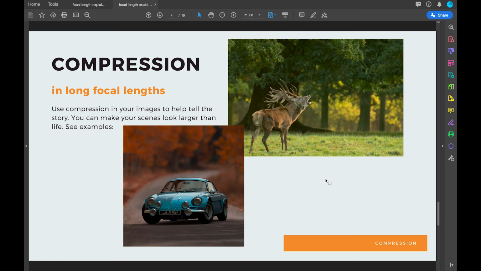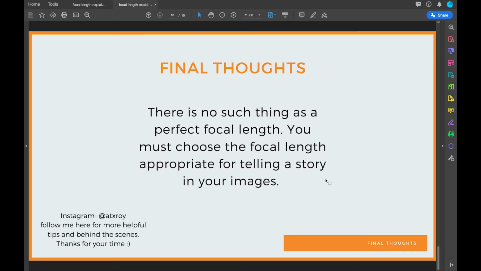So really just make sure that you're choosing the appropriate lens for you, and choosing a lens that's really going to help tell the story of what you're trying to portray in your images. So my final thoughts are that there's really no such thing as a perfect focal length. Every focal length has different advantages and disadvantages, so you have to choose the one that's right for you.